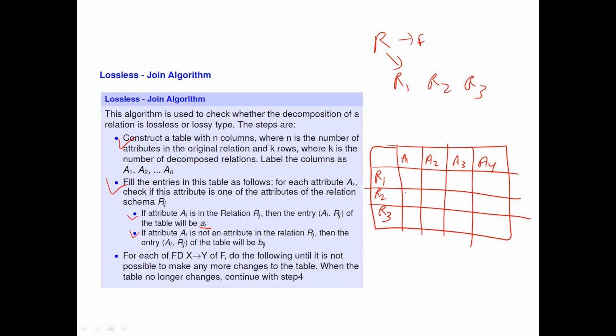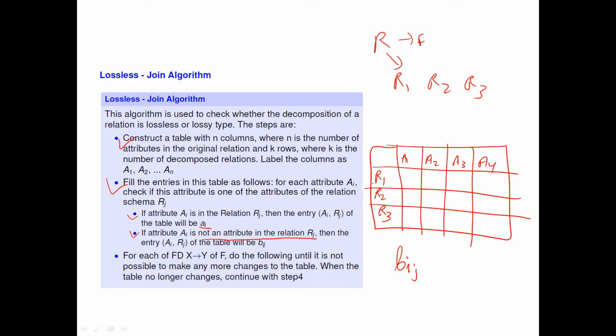If the column does not belong to the particular relation, then we represent it as bij. So bij, I can consider i as the column index and j as the row index. I can also go the other way, row index then column index, but in this slide I am discussing the column index and then the row index. The alternative can also be used.